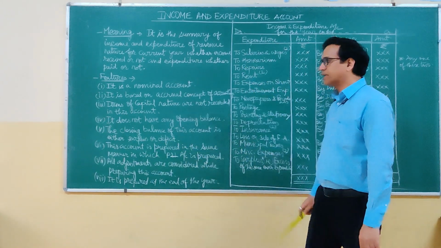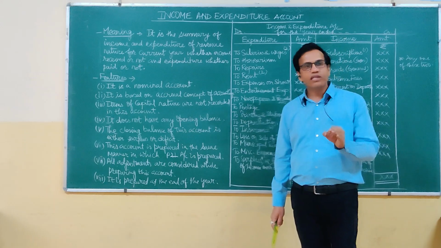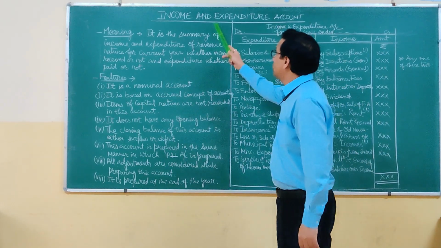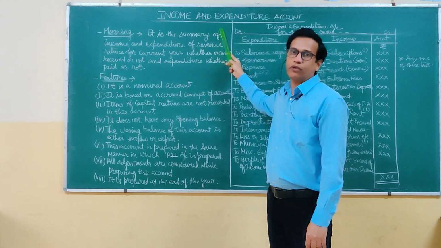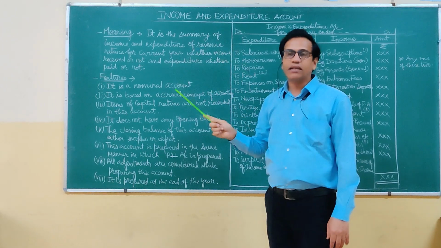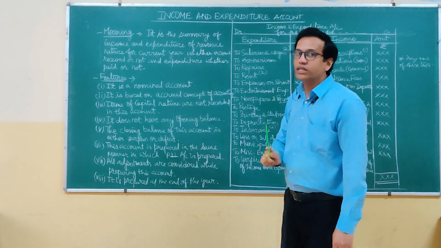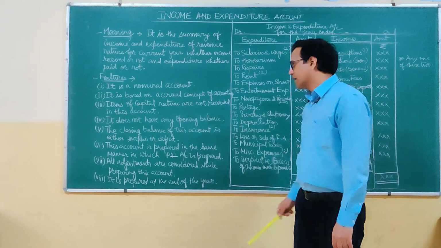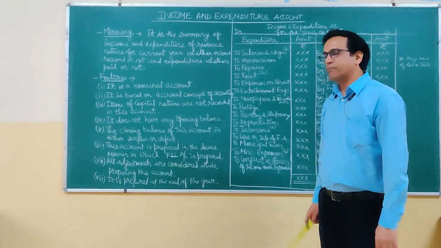This account is prepared in the same manner in which profit and loss account is prepared by a business organization. This account will be prepared by not-for-profit organizations, but in the similar manner in which profit and loss account is prepared by the business organizations. All adjustments are considered while preparing this account.